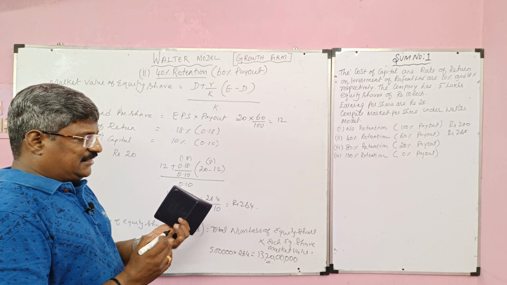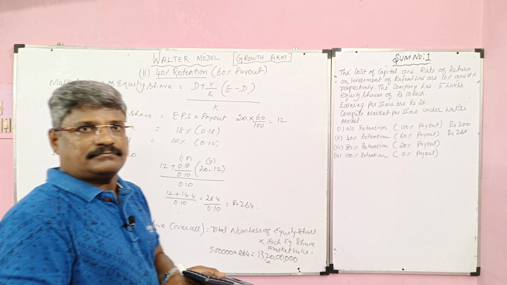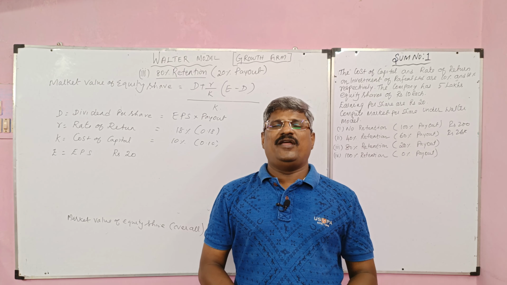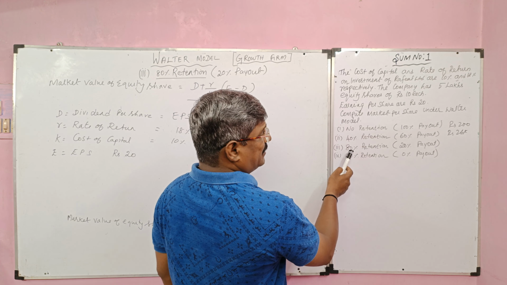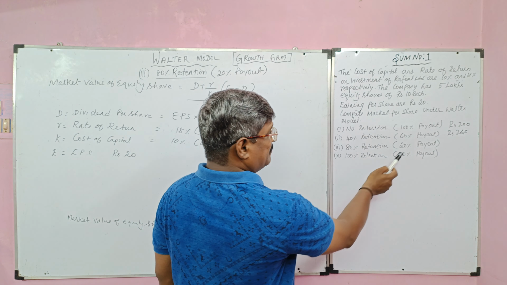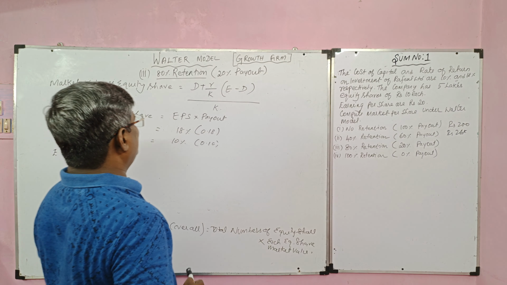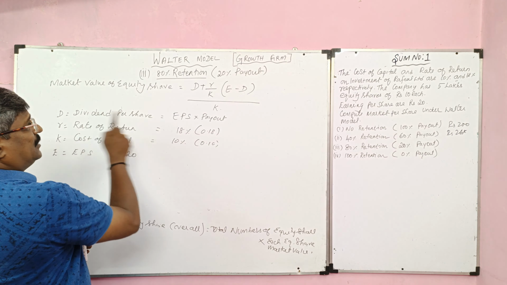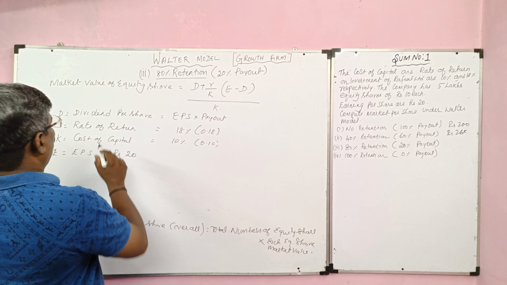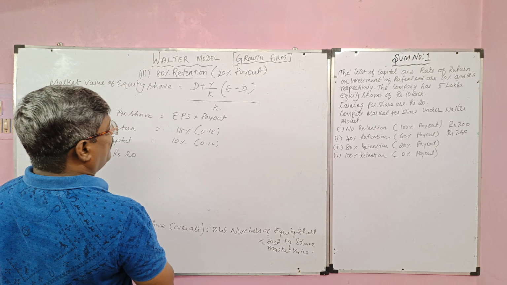Now we'll move to the third situation. Look at the board. In third situation, retention ratio is 80%, payout ratio is 20%. I'm going to apply the same formula. We have to change the payout ratio. So dividend per share, EPS multiplied by payout.